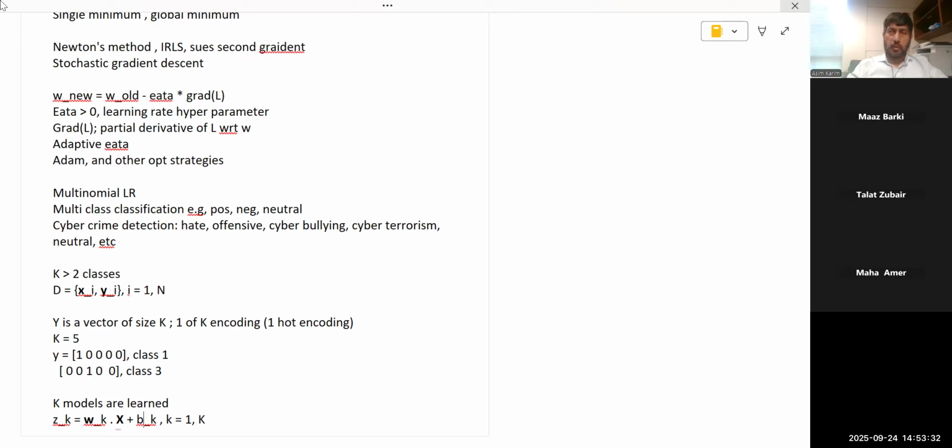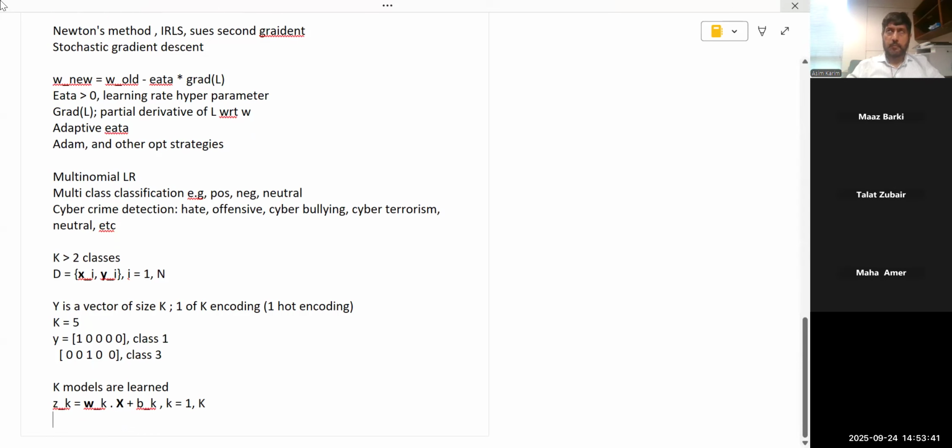So for multinomial, you are now going to learn k such functions. ठीक है. और of course probability of y_k given x is now of course sigmoid of z_k. ठीक है.